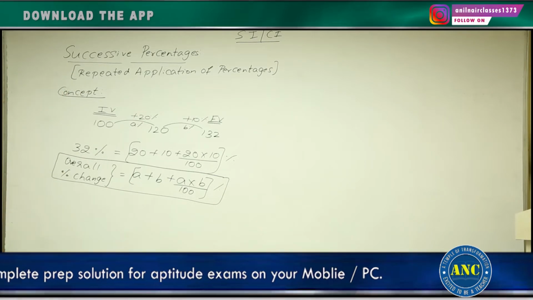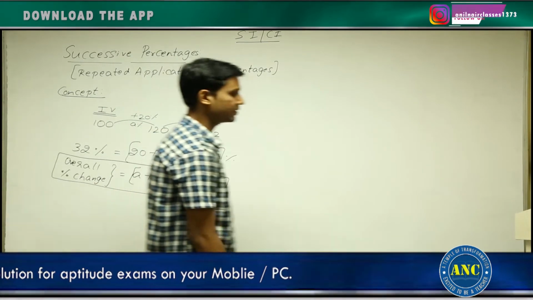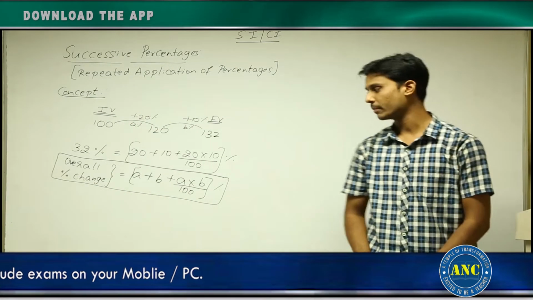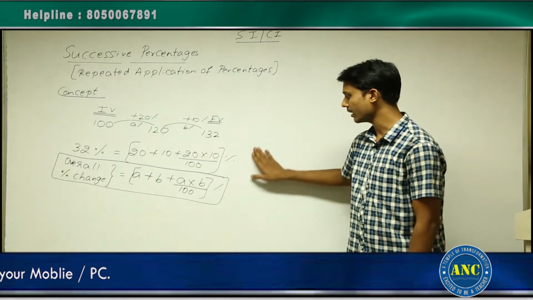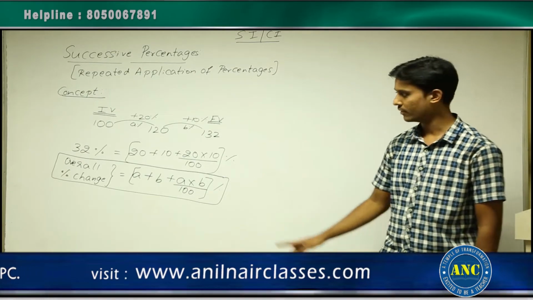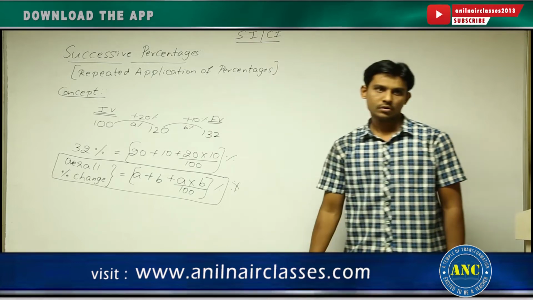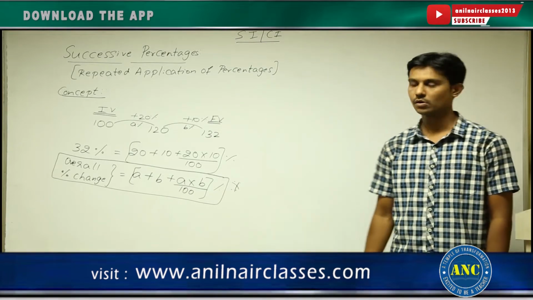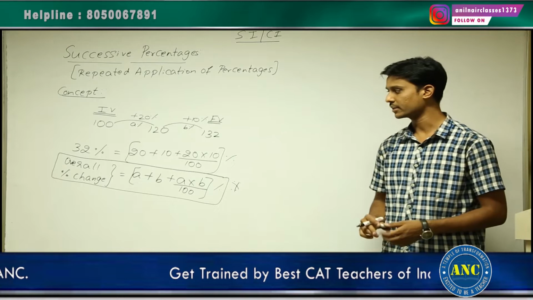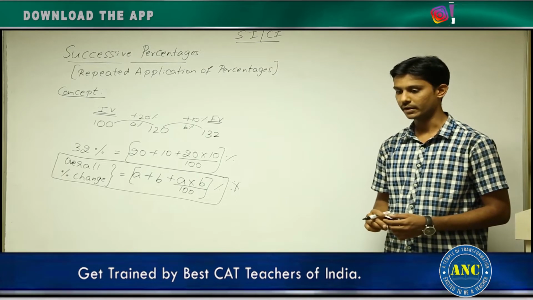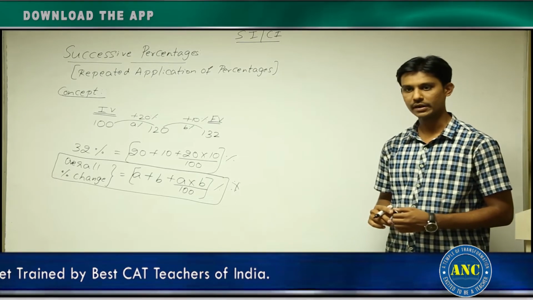Very important notation. Please write this down. Overall percentage change in successive percentage is given by A plus B plus AB by 100%.